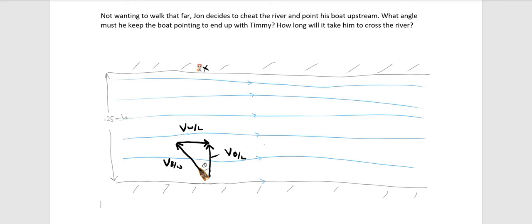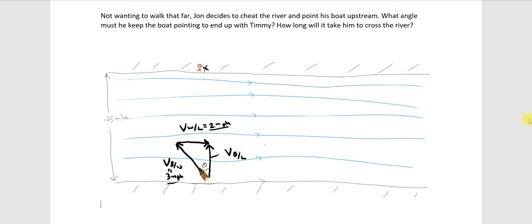Okay, so remember, John can row that boat at 3 miles per hour. The river is moving at 2 miles per hour. And the trig function now that relates these is the sine function, because this is opposite and this is now the hypotenuse.